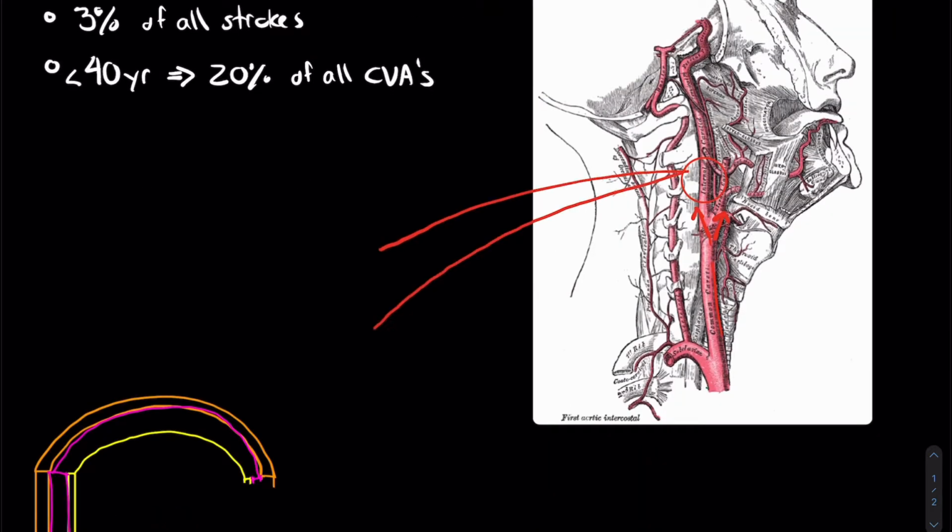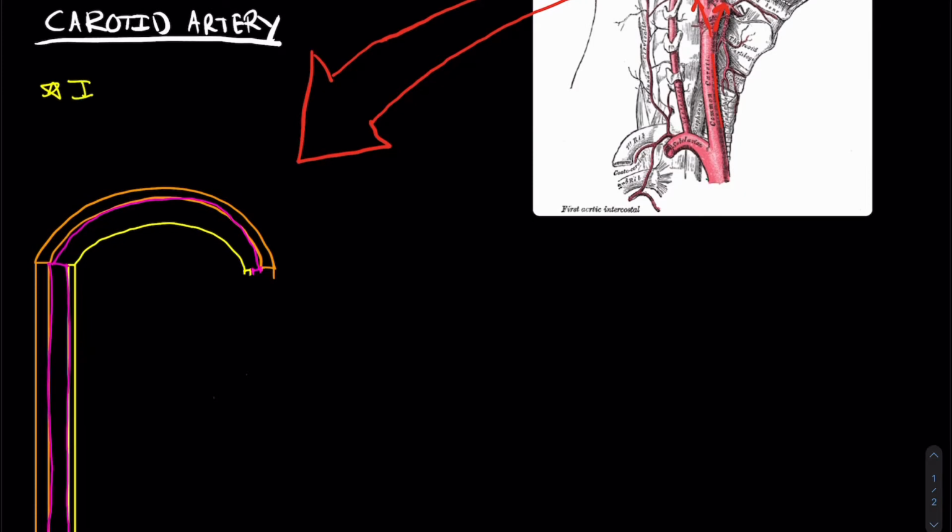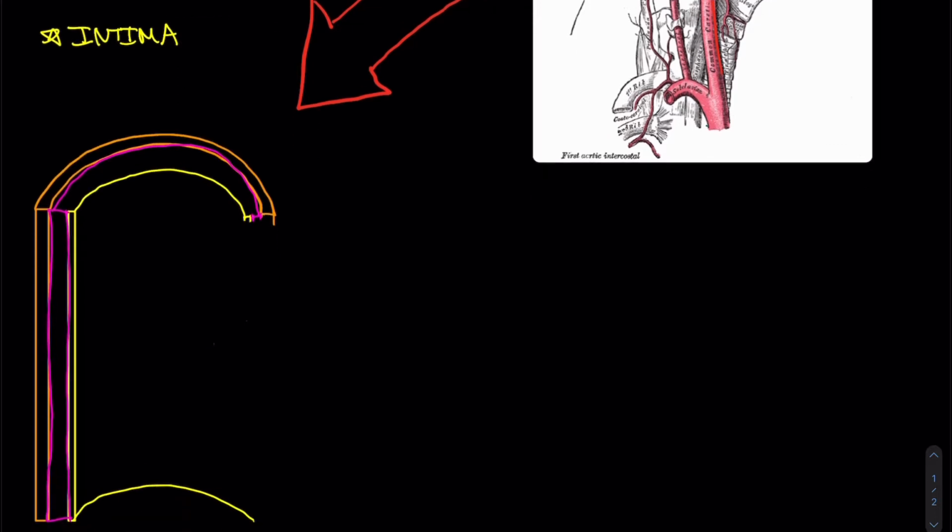To understand this pathology better, we need to take a closer look at the actual structure of the carotid artery. The carotid artery is composed of 3 layers. The innermost layer of the artery is called the intima. This is in yellow here, so you can imagine that this is the inside of the artery, the lumen.